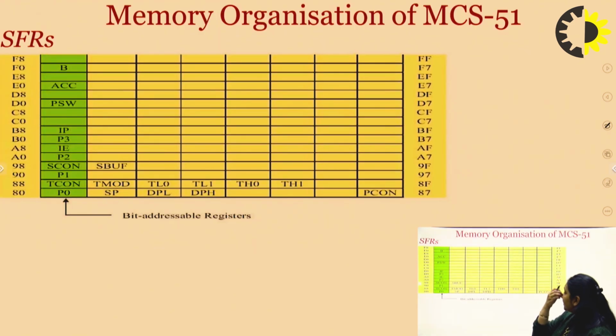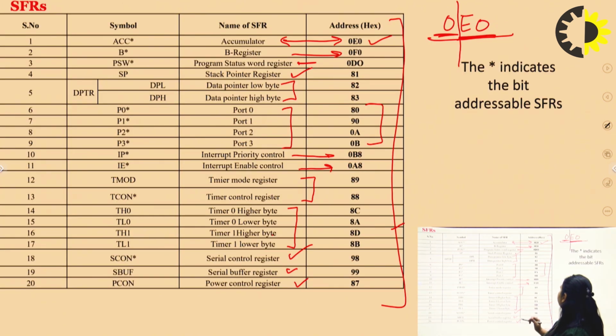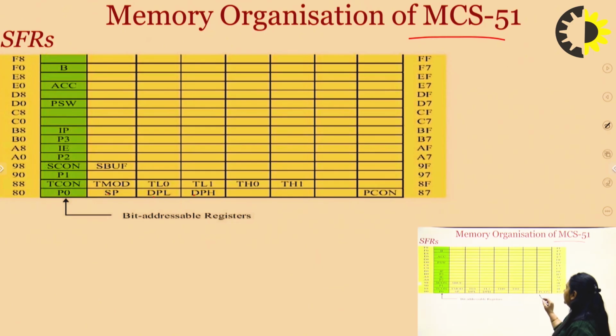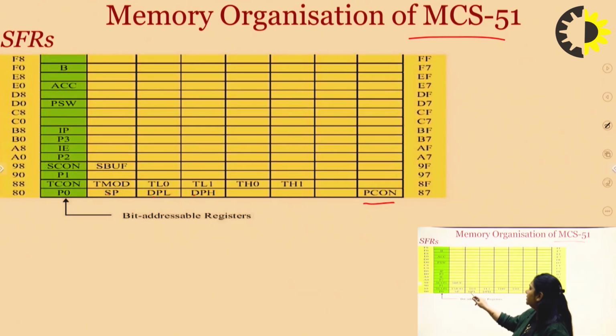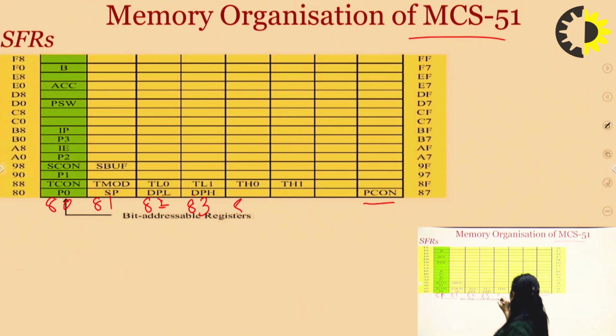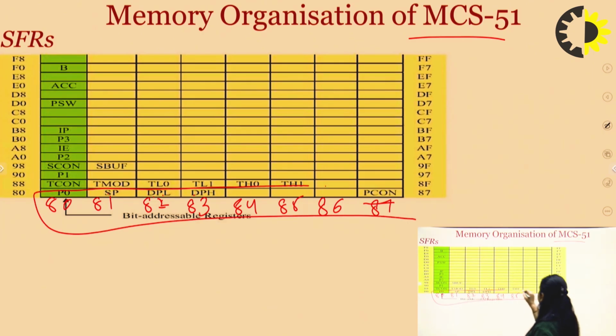First of all, if I talk about the memory organization of the microcontroller, if you closely look at the memory organization, all the registers you can see here are lying here. Bit addressable is also there. This is 80, then 81, 82, 83, 84, 85, 86, 87 till here. This is a whole byte.